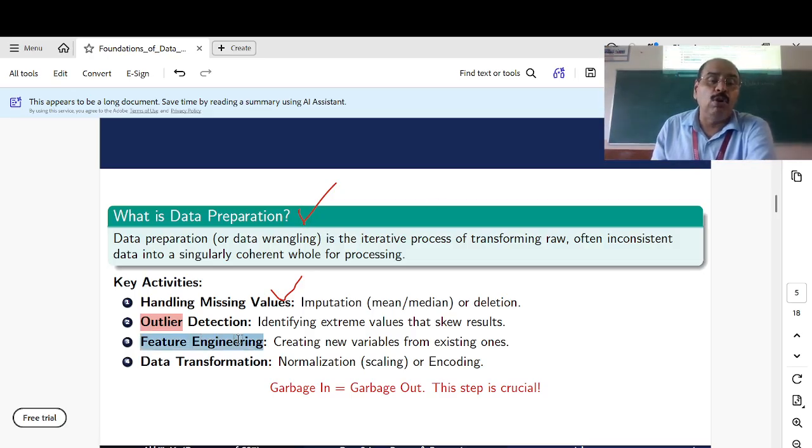Feature engineering. I told you now what features are. The variables x1, x2, x3, xn, this is nothing but features. These features are the ones that are going to determine how useful your data set is going to be in the future. Data transformation.